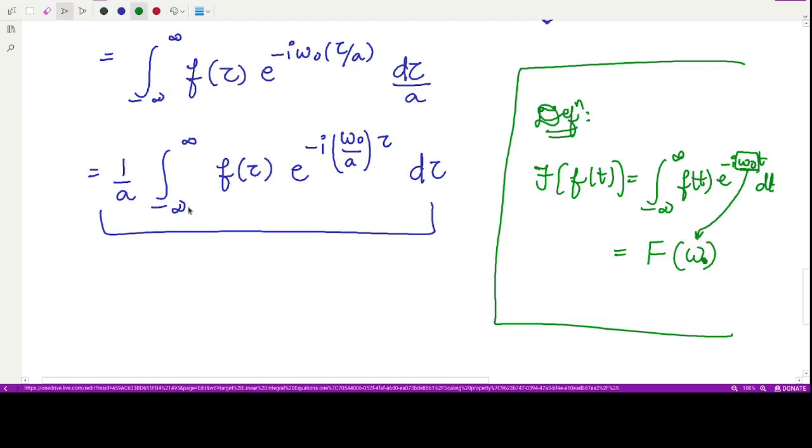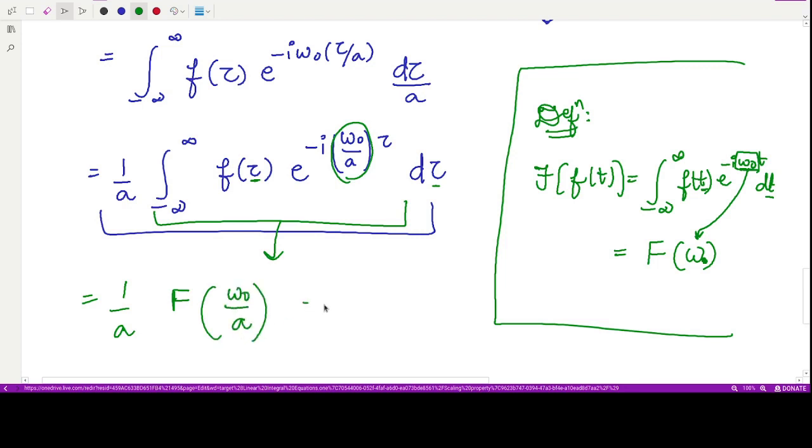Similarly, this definition resembles this definition where t is the variable for integration. Here our variable is tau. So 1 by a would be as such. This whole thing could now be written as capital F of this factor, which is omega naught by a. So we reach our right hand side.